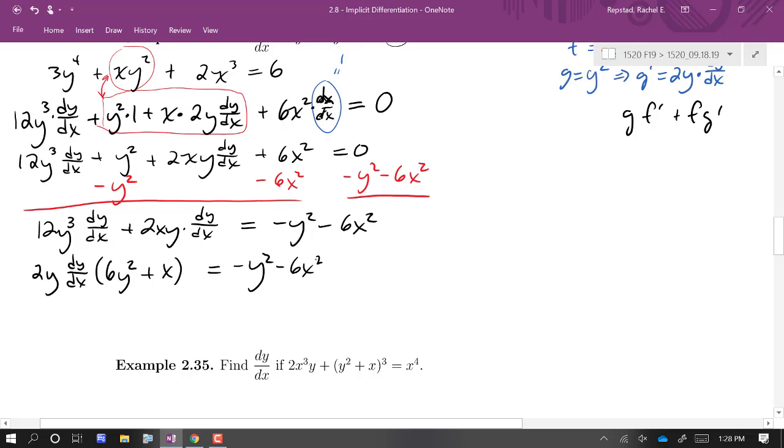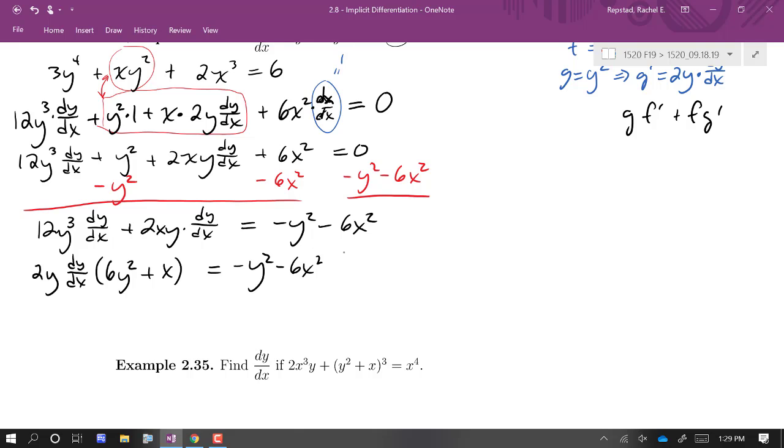This technique is going to be pretty consistent throughout all of these implicit differentiation problems. There might be a couple, three terms that have a dy dx, but we're just going to throw all the other terms on the other side. It doesn't look linear at all, but our techniques of solving linear equations work.